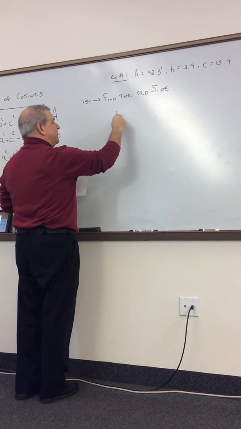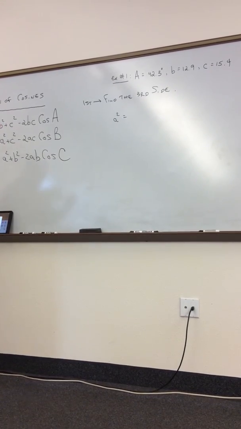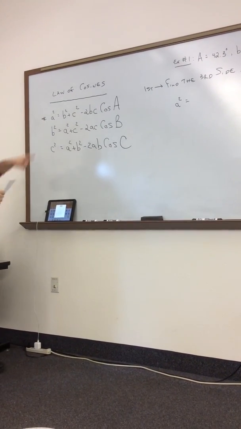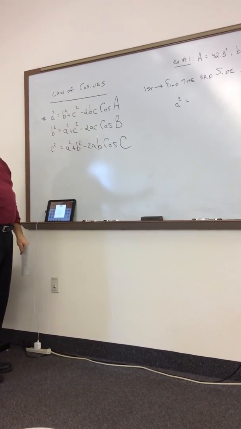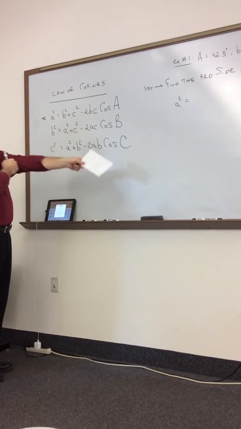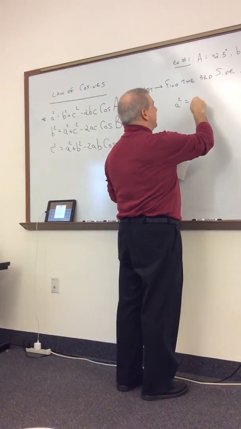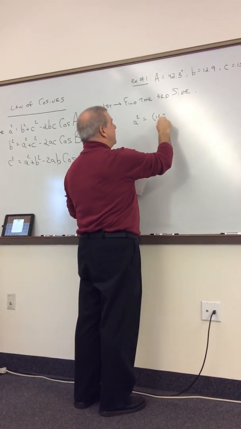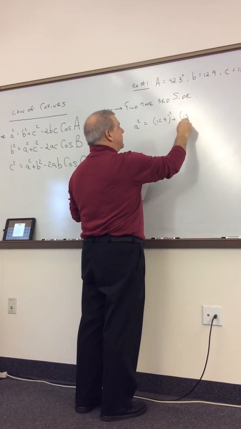A squared equals. Now, we're going to plug into this. You do what I'm going to do in your notebook, because this is what I need to see. A squared is B squared plus C squared. Look how I'm going to do this. B squared, plus C squared.